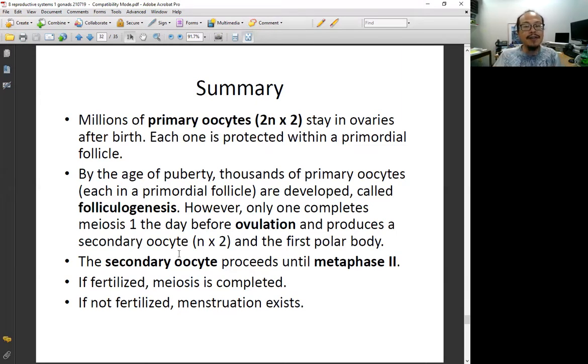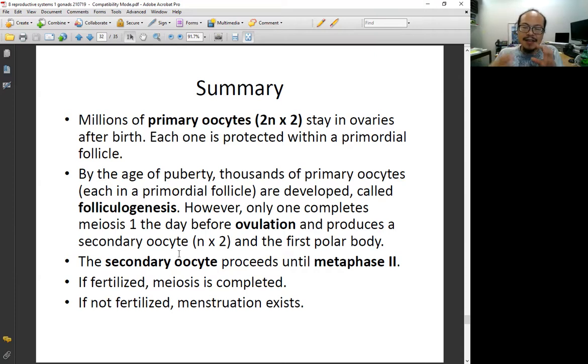in the ovaries. They are arrested at the prophase, because these primary oocytes are supposed to complete this meiosis, but they don't. They just get arrested at the first stage of the meiosis, at the prophase.